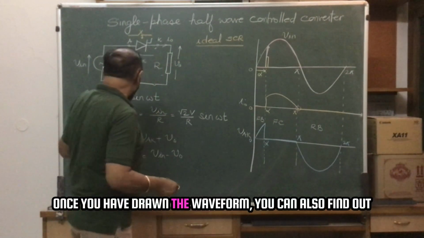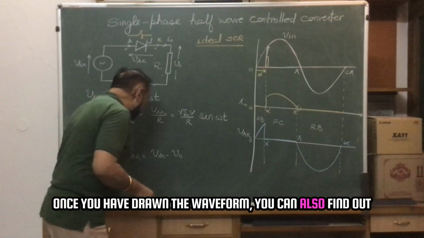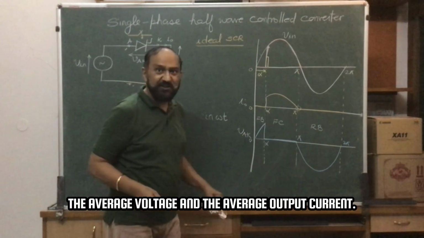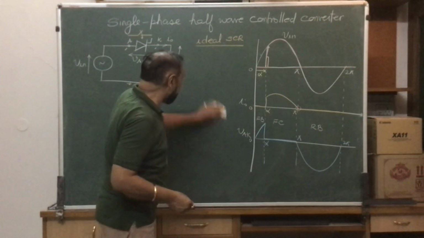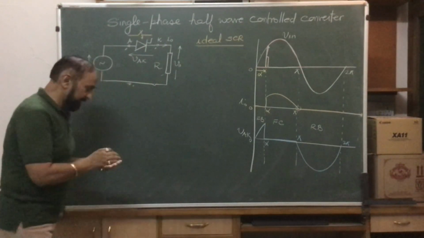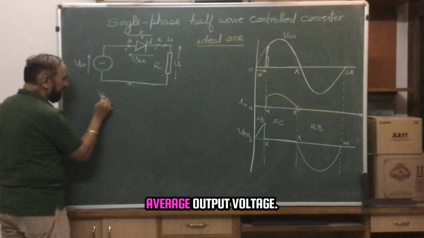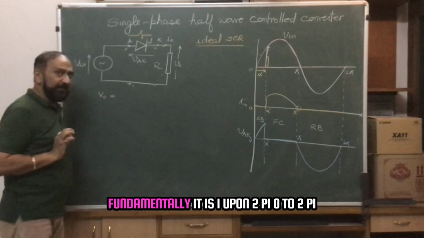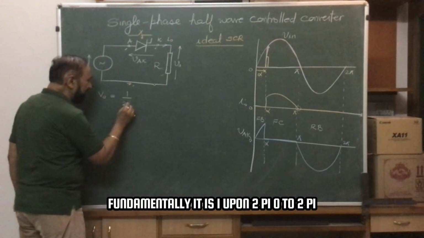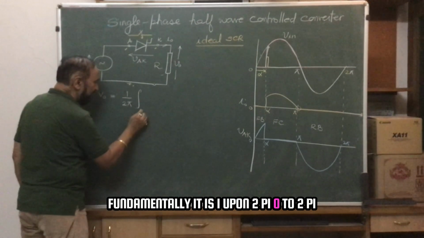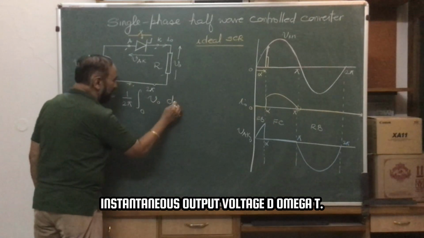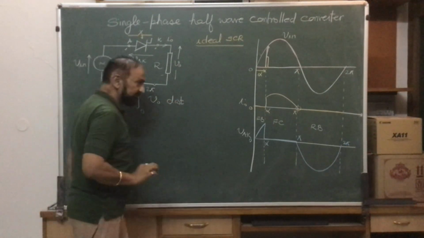Once you have drawn the waveform, you can also find out the average voltage and the average output current. Average output voltage, fundamentally it is 1 upon 2 pi, integral 0 to 2 pi, instantaneous output voltage d omega t.